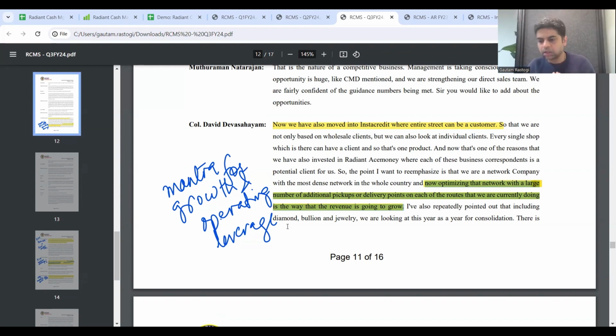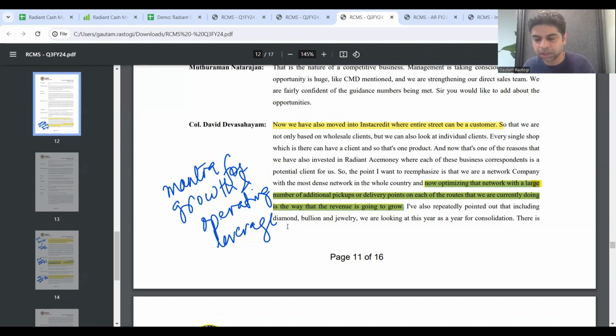See, पहले से समझते हैं. They have routes, right? जिसमें वो point to point pick up करते हैं cash and then deliver करते हैं. In that existing route, if they add more points, the cost would remain the same, लेकिन revenue is going to increase. That is what he's saying. So it's going to give them operating leverage.